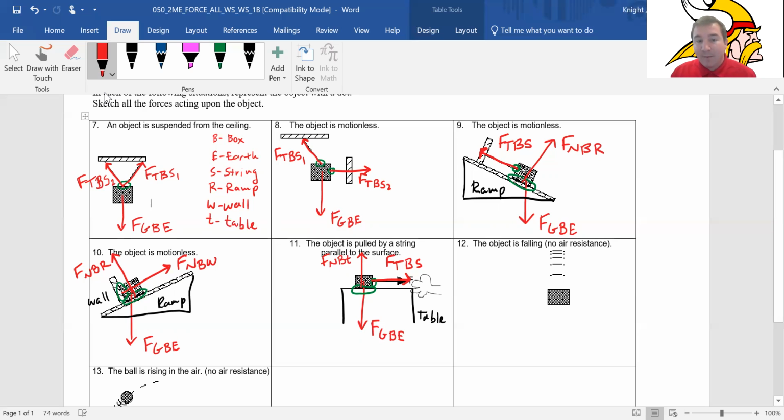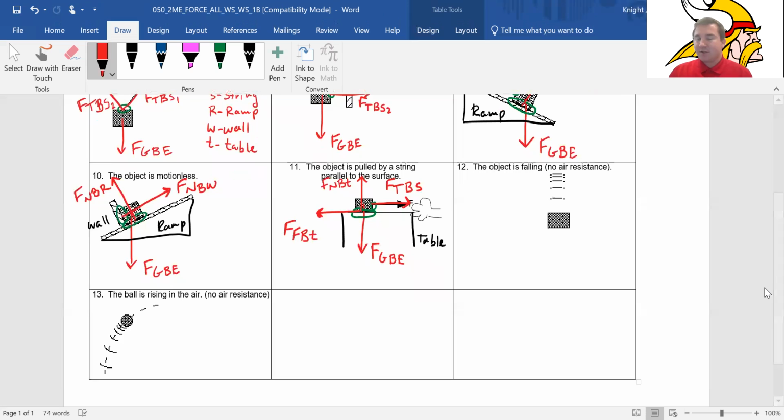And because it doesn't say that there's no friction and our box is definitely either moving or wanting to move to the right because we're pulling on it, we will also have a friction force to the left, right? Friction always goes opposite the direction of motion. So we'll have an FF for friction force on the box because of the table.